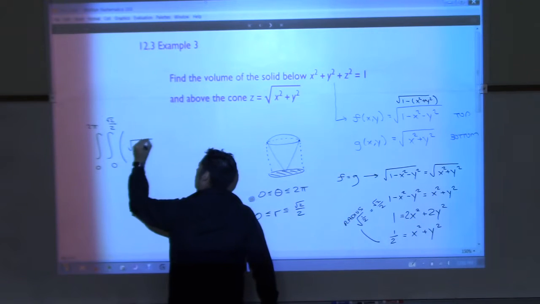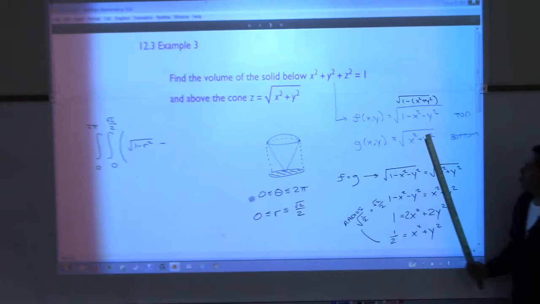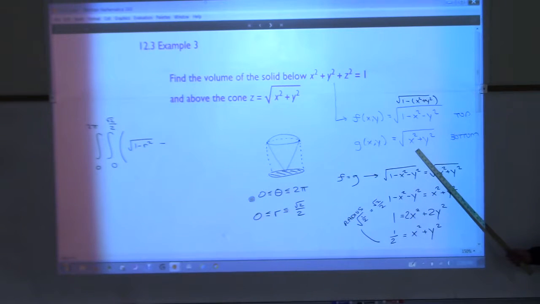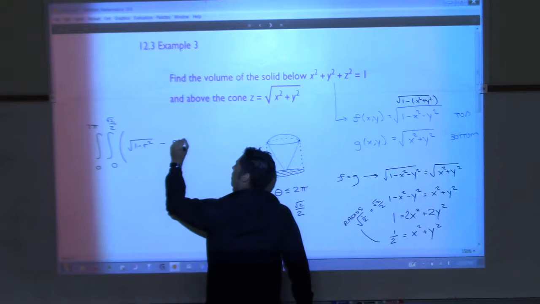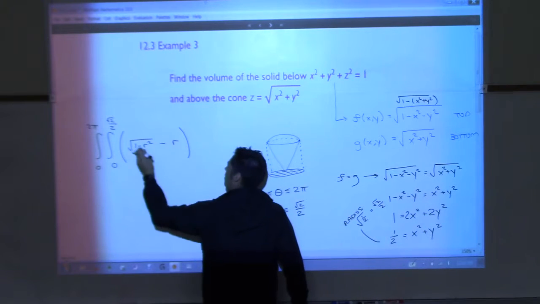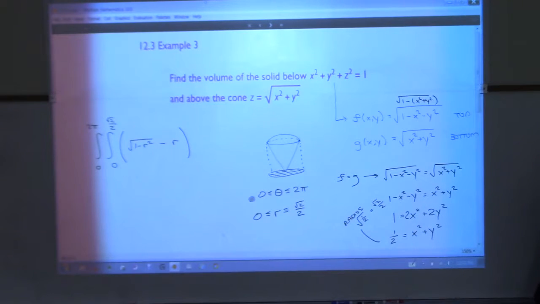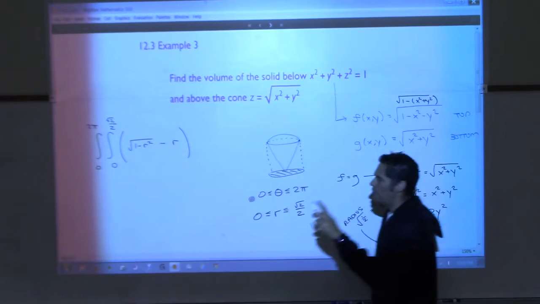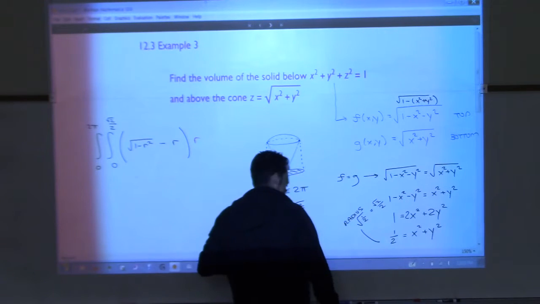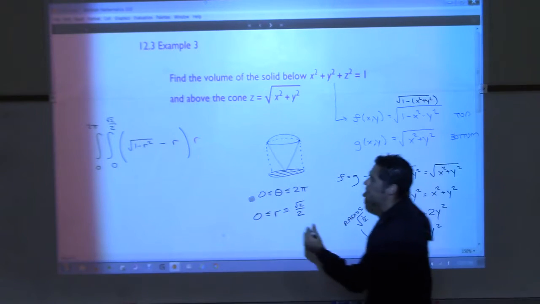So I'm going to go root 1 minus r squared minus now the bottom function. And that's just r. Because x squared plus y squared is r squared, and then you take the square root. So this is just r. Right? That's the top minus the bottom. And then another r, because we're doing polar, dr d theta.